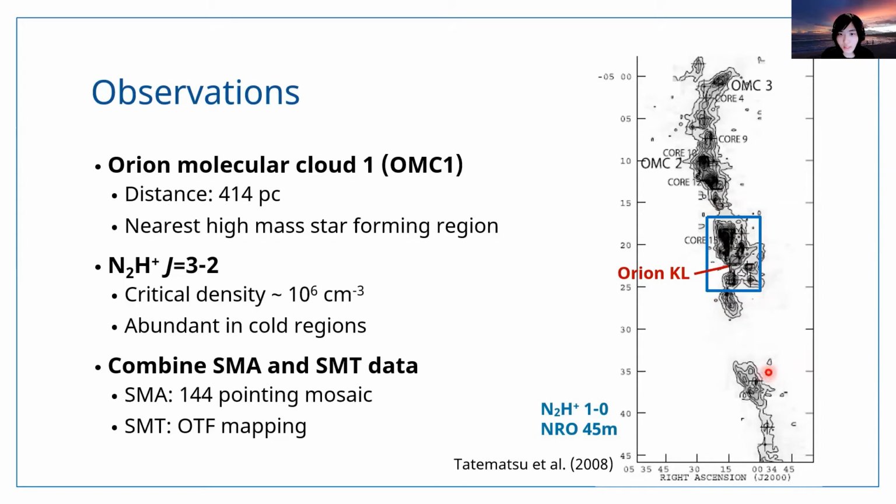As we can see, there is no N2H+ emission at the Orion KL region, which is different from the observations in ammonia or most other molecular lines. Also the critical density of N2H+ is higher. This is the reason why we use N2H+, because it is suitable for tracing high density and quiescent molecular gas.